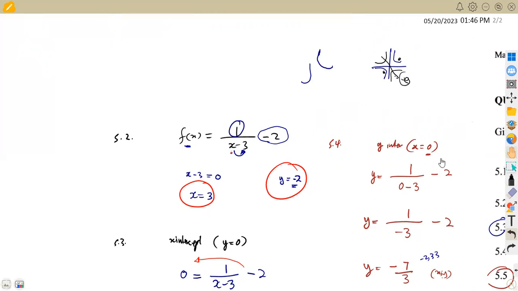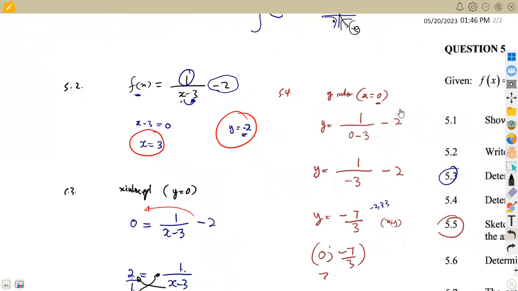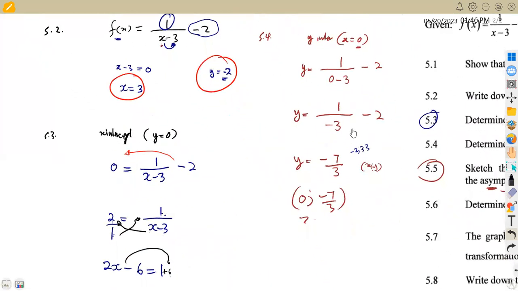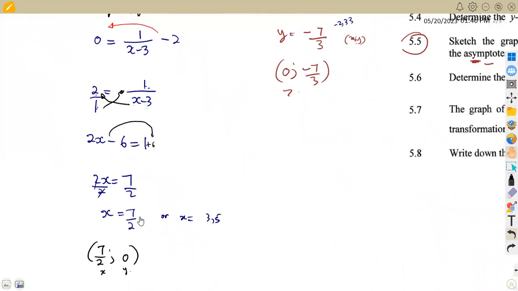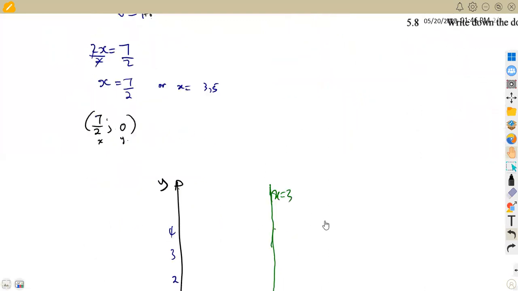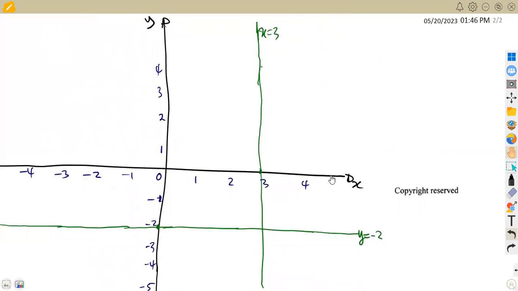So we are supposed to check where our x-intercept is. Our x-intercept is at 3,5, which is 7/2. So we are going to mark 3,5 or 7/2. The x-intercept is somewhere here. So our graph is going to be in this quadrant like this, but limited at -2 for y.